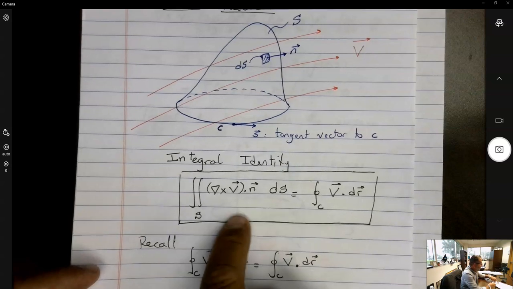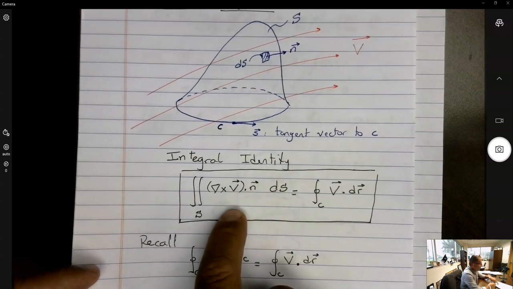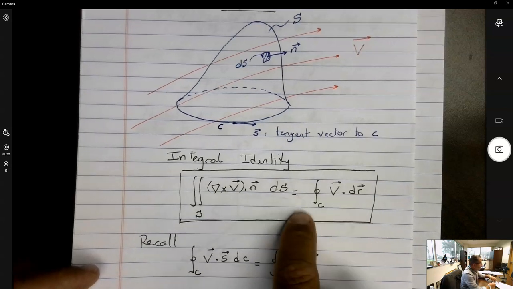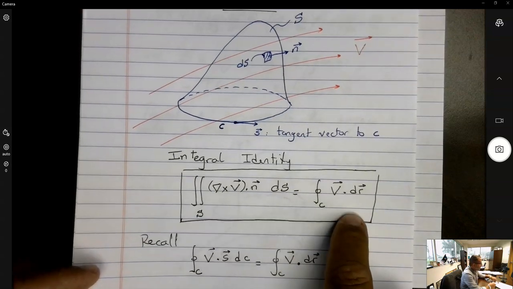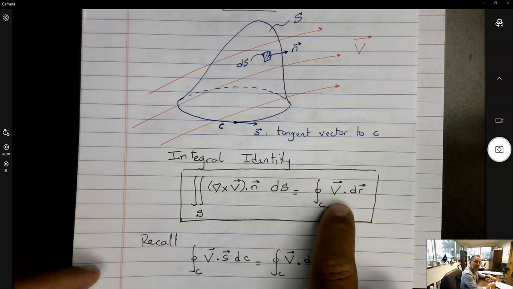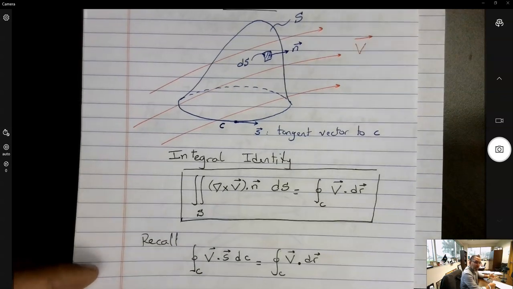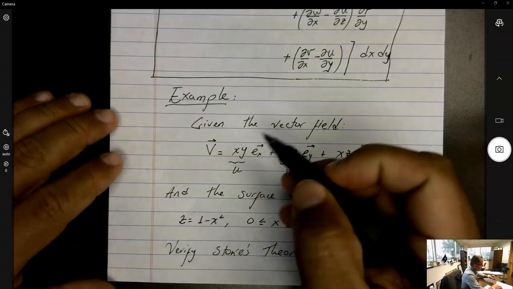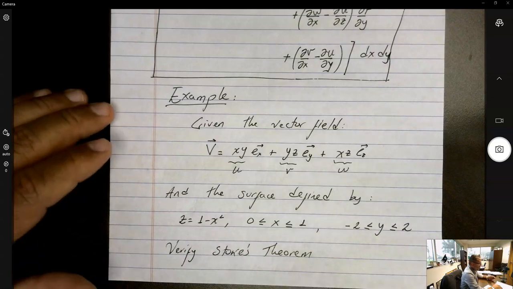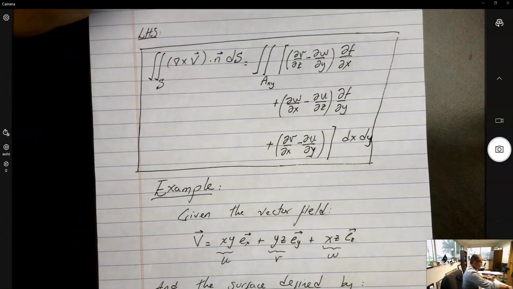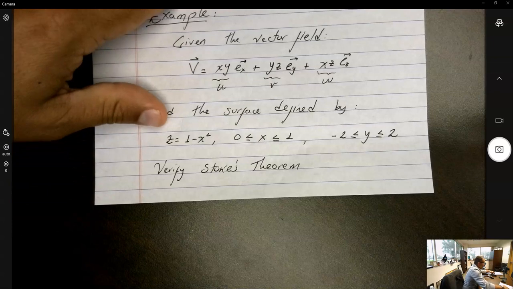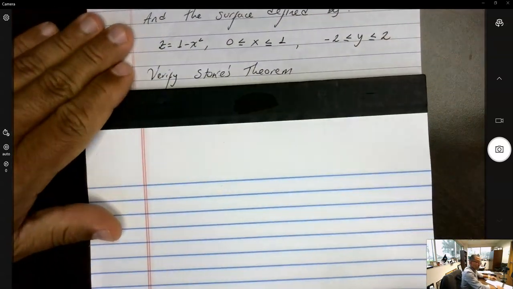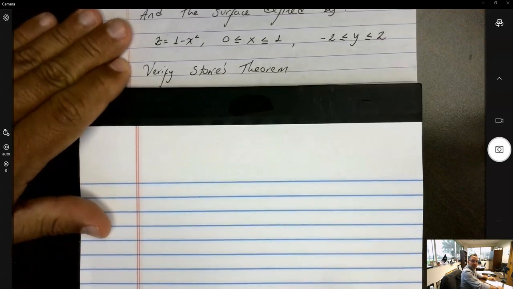This is basically what Stokes theorem is saying. The net amount of rotation induced by a flow field is equal to the net amount of circulation on the bounding curve of that surface induced by that vector field. This is what we're going to try to show in this example. Not that Stokes theorem works, but try to see if we can find a kind of physical interpretation of these, while verifying that it works by trying to solve these integrals correctly.